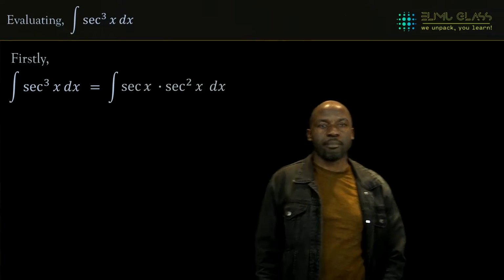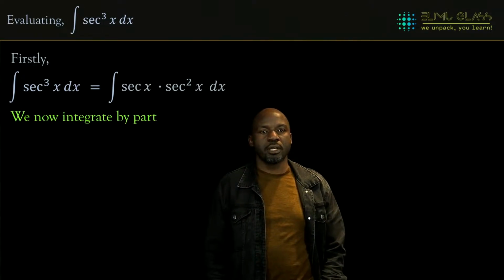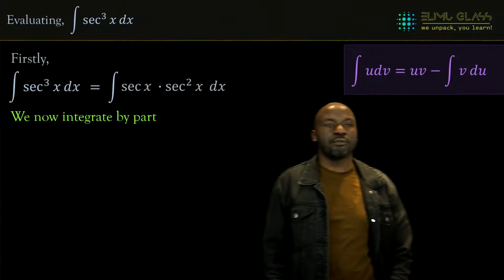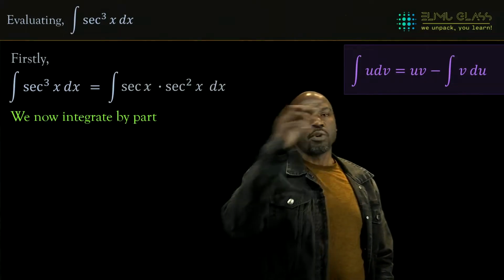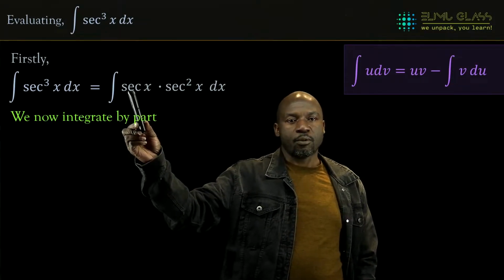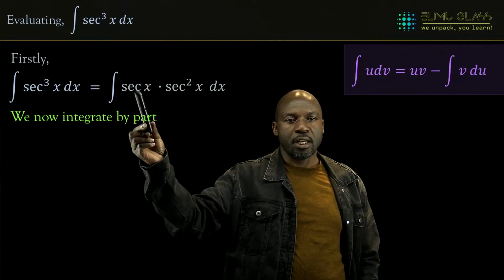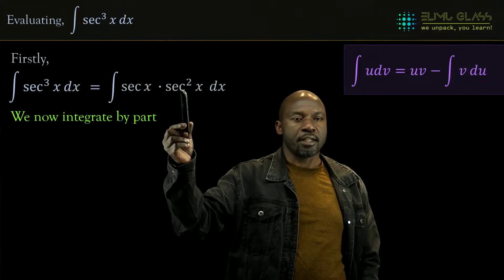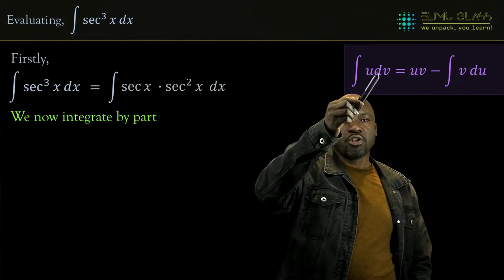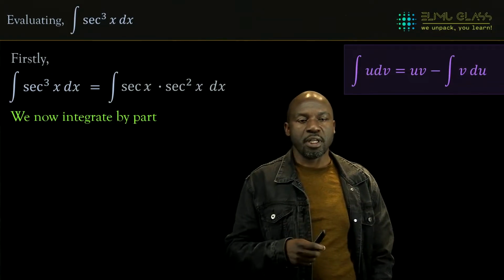Here's the formula for integration by parts. We are going to let one of the two products, secant of x and secant squared of x, be u and the other one be dv.